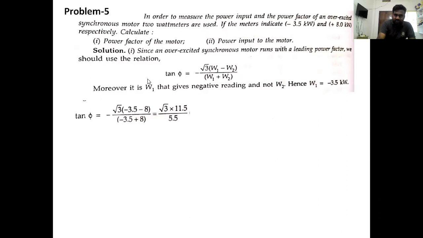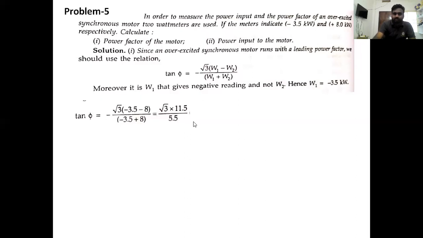That means 74.5 is not tan phi, that is phi. Tan inverse of 3.6 gives 74.5. Many people got the same answer, right?